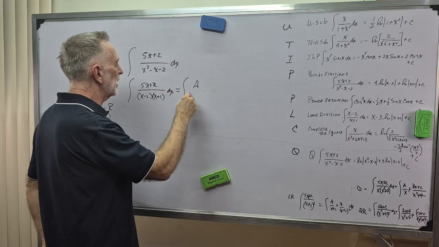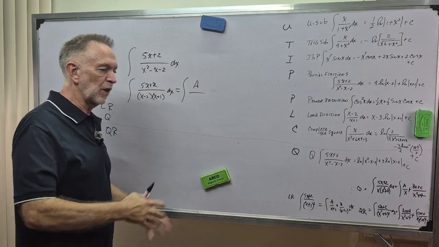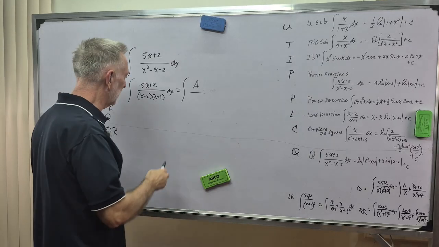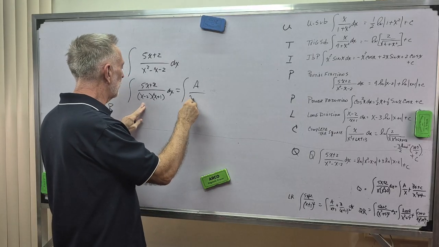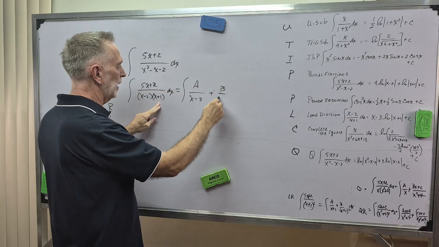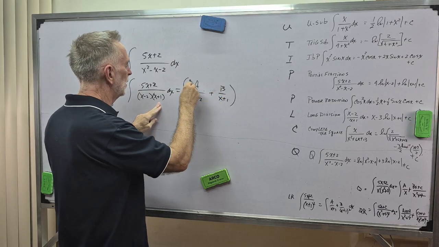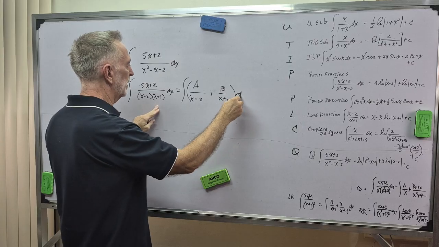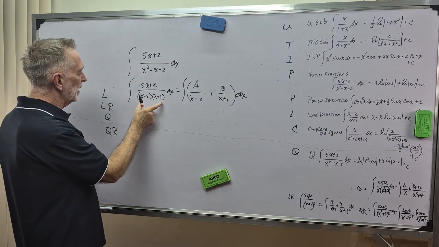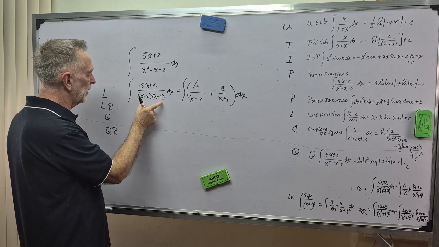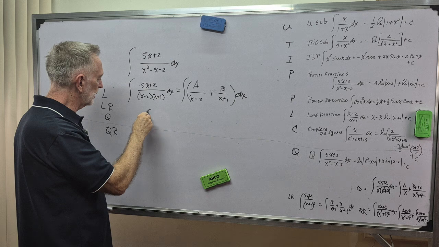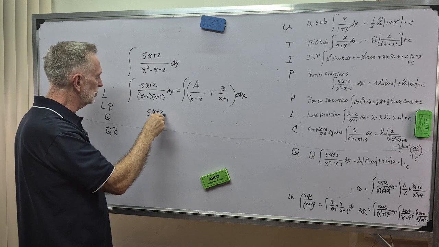So partial fraction says I'm going to break the whole thing into partial fractions, thus the name. So a over x minus 2 plus b over x plus 1, all integrated with respect to x. Now, if I were to multiply through both sides by x minus 2, x plus 1, it cancels here, and I'm left with 5x plus 2.